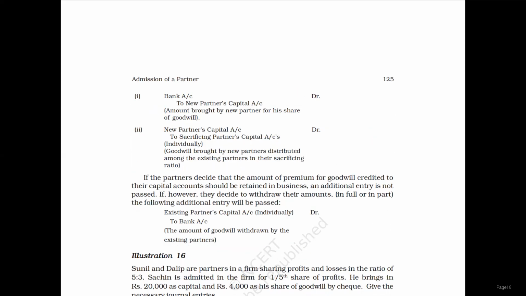See your sum, Sunil and Dalip, 5:3. They don't give the new ratio. Without the new ratio, we cannot find out the sacrificing ratio. So under this situation, we directly take our old ratio.